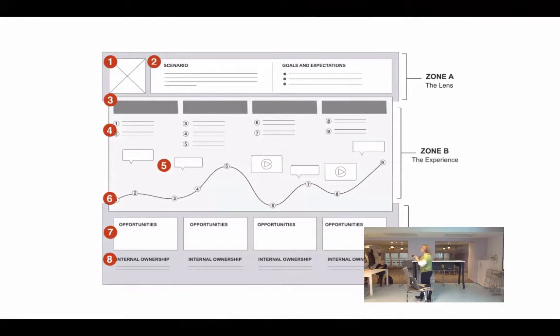Or we can say, this is what we feel, we feel that this is a bad part, so it can be a hypothetical experience map. It's better than nothing. We can have a retrospective experience map, which looks at how it is today. And then we can have a future-looking experience map when we want to show the user journey how we want it to be in the future, what we are aiming to do.